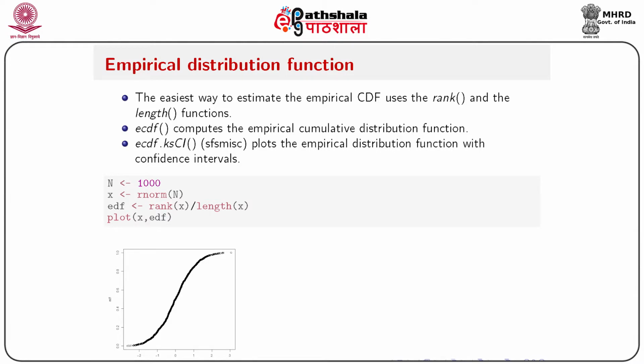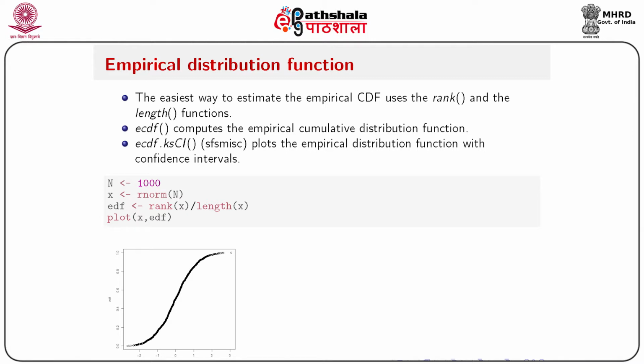Next, we'll see how to generate an empirical distribution function. The easiest way to estimate the empirical CDF is to use the rank and length functions. The ecdf function that is available computes the empirical cumulative distribution function. ecdf.ks.CI plots the empirical distribution function with confidence interval.